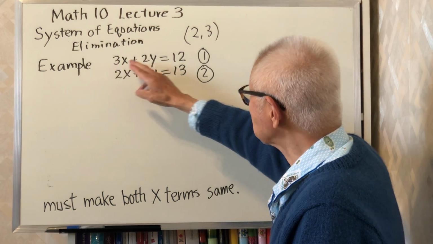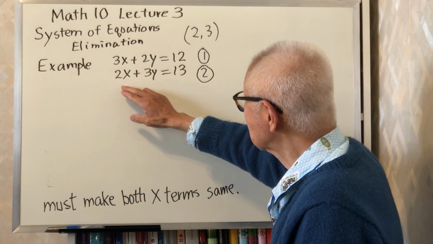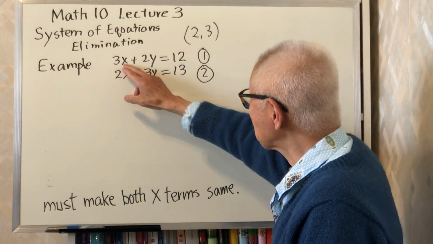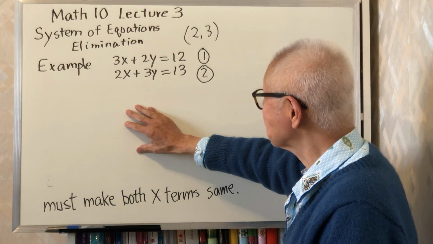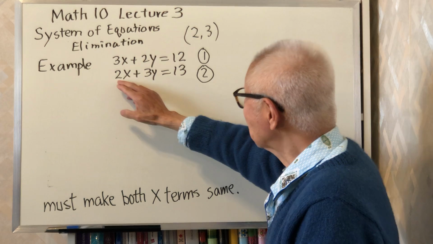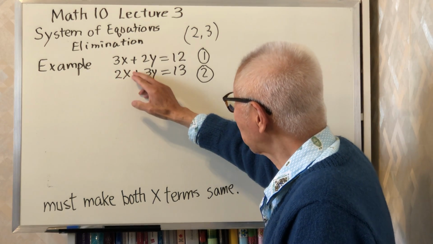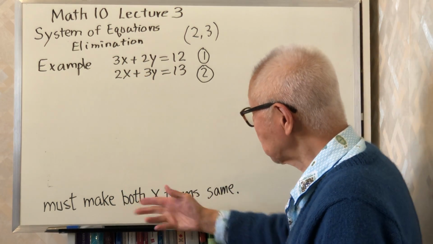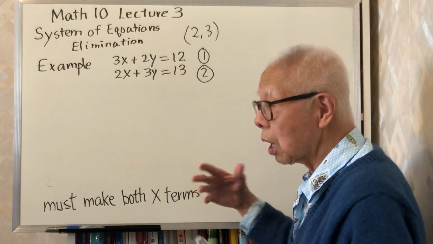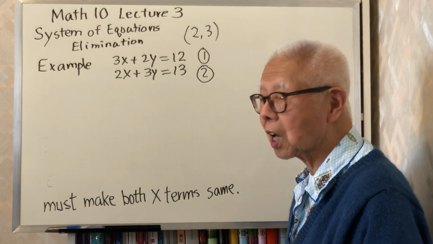I multiply this equation by 2. If I multiply this equation by 2, I have 6x here. And I multiply this equation by 3, then I again have 6x. That means I have x term and x term, both terms the same.